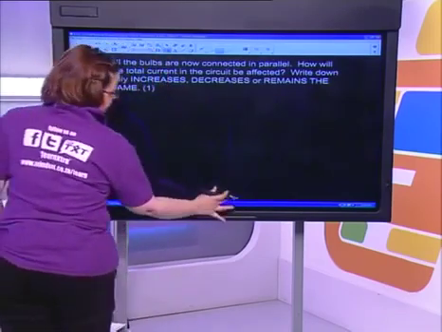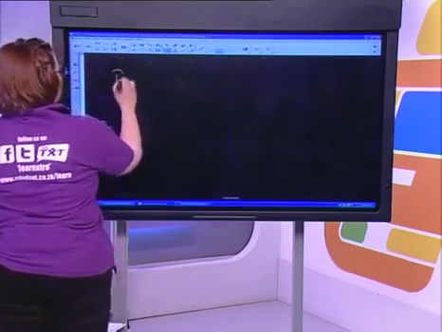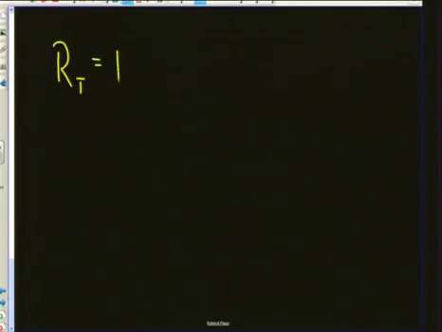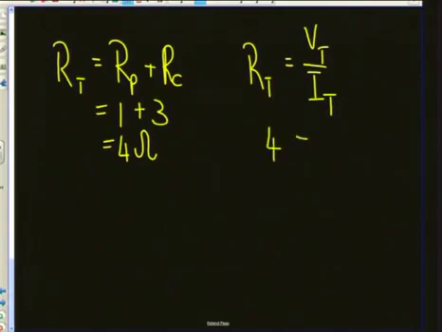So the total resistance, R total, will be my parallel section plus C, which is in series. So it's 1 plus 3, it's 4 ohms. I'm going to work out total current. So this is 4 ohms. My total voltage was 6.